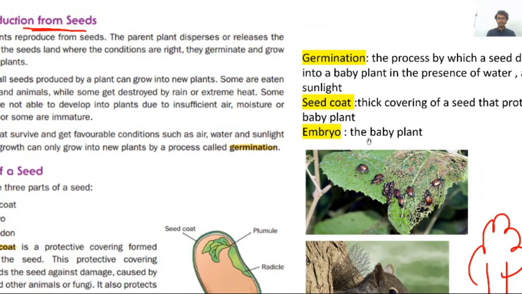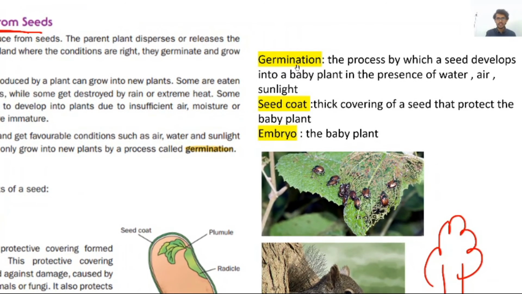I have written the definition for you. Germination is the process by which a tiny seed develops into a baby plant, by the presence of water, air and sunlight.